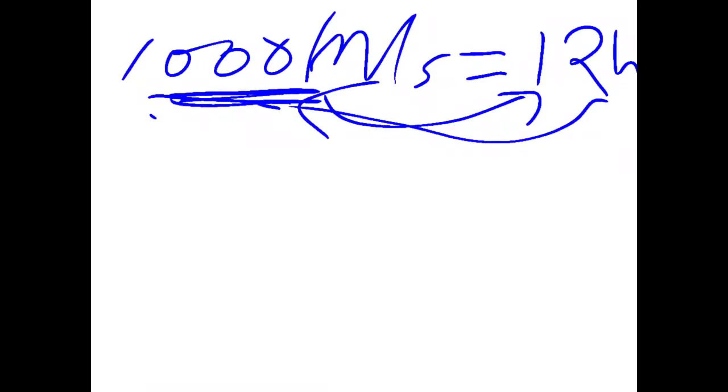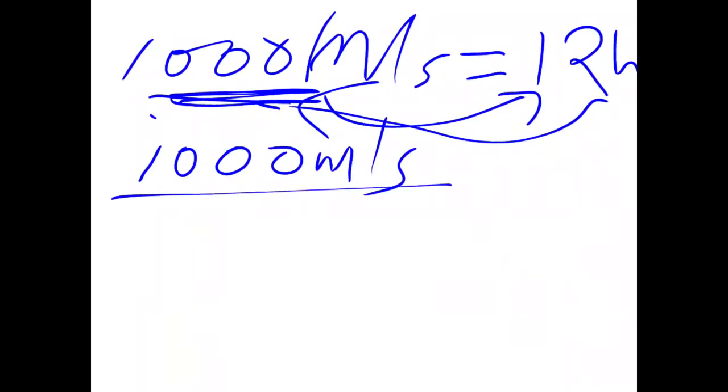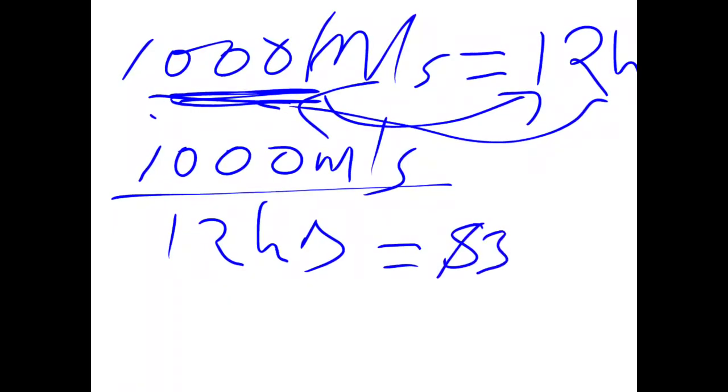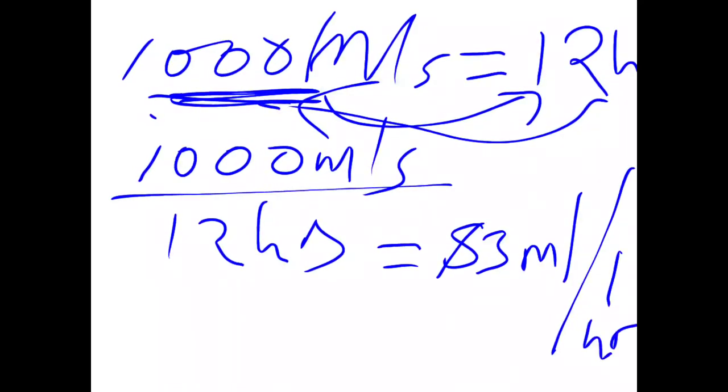What you just need to do, this is not something hard, is say 1000 mils divided by 12 hours. When you do this division, you'll get something like 83. So this is 83 mils per 1 hour.